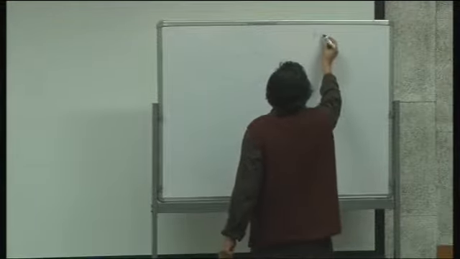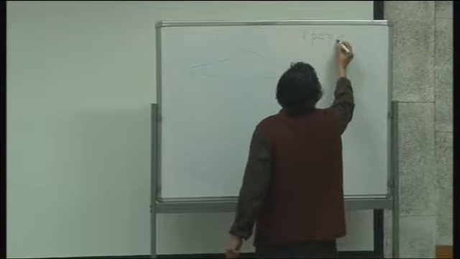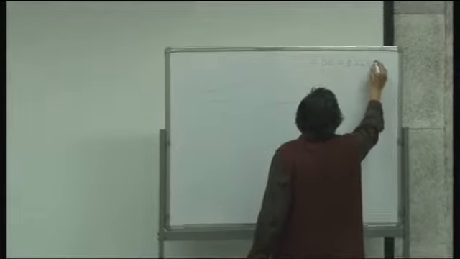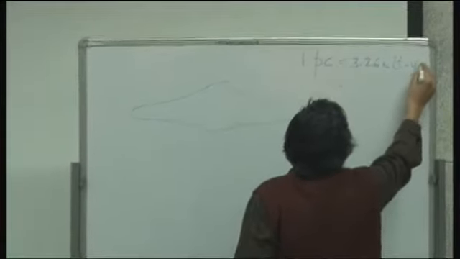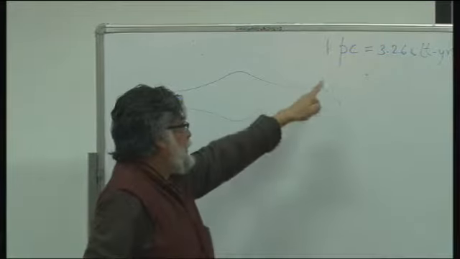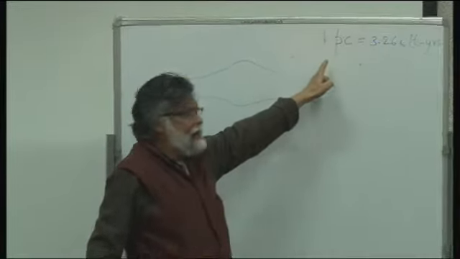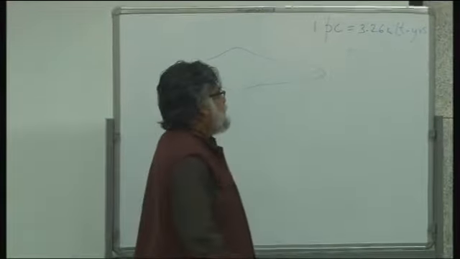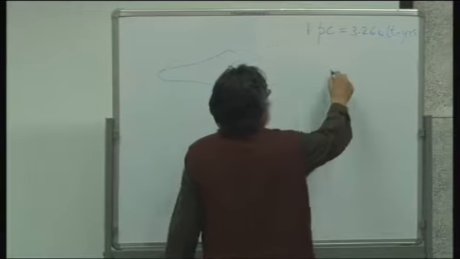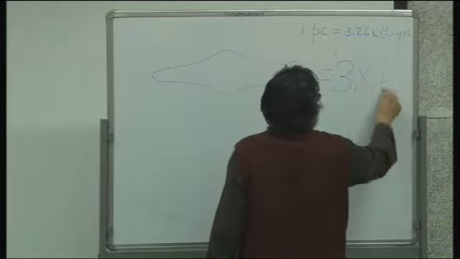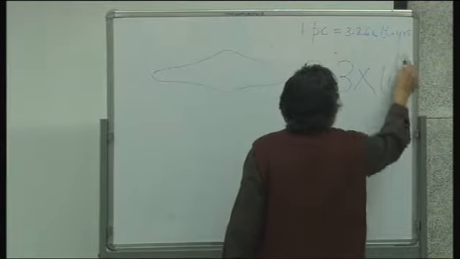1 parsec is about 3.26 light years. I hope this is visible at the back. 1 parsec is 3.26 light years. Okay, I'll try to write it in bigger form. If you write it in CGS, it is 3 into 10 raised to power 18 centimeters.